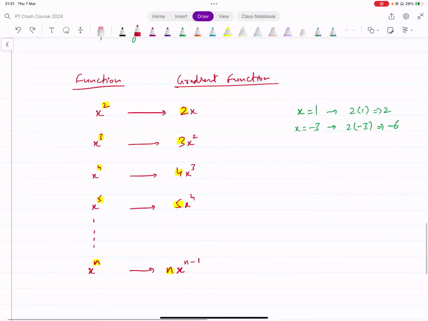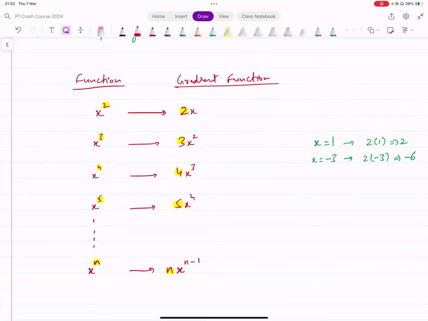Okay. Now this gradient function that we have here has another name. We call this the derivative of that function. And this process that we are doing to find the gradient function from that original function is known as differentiation.